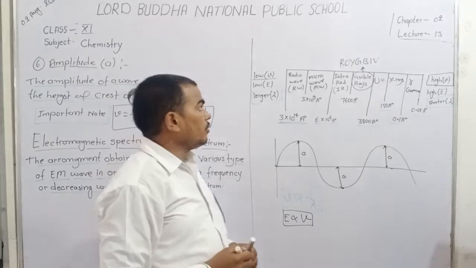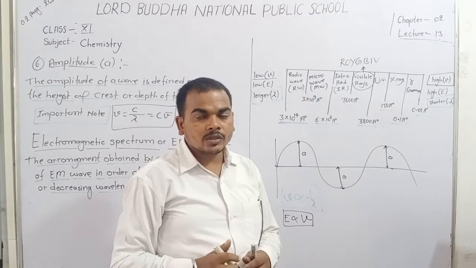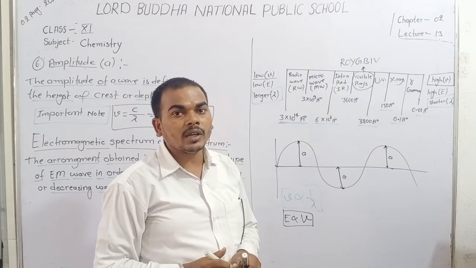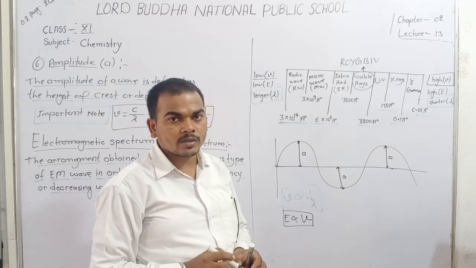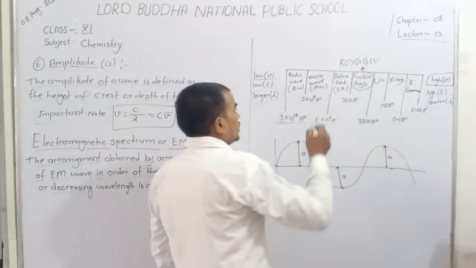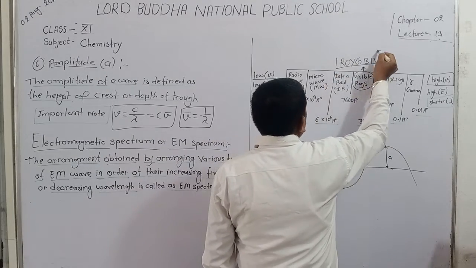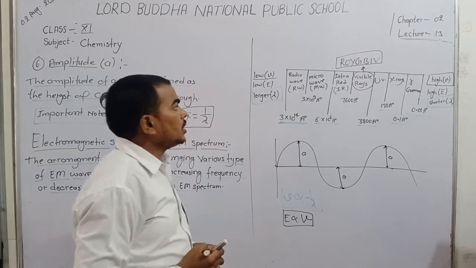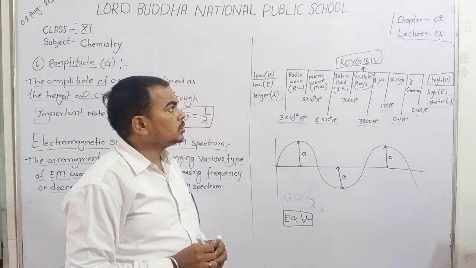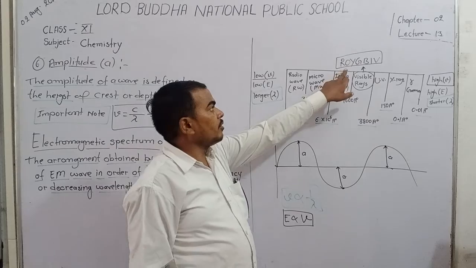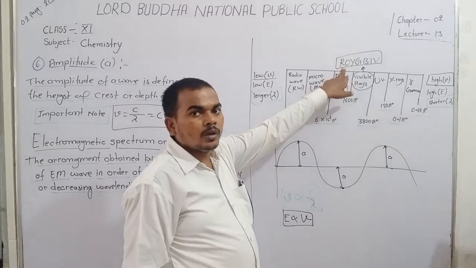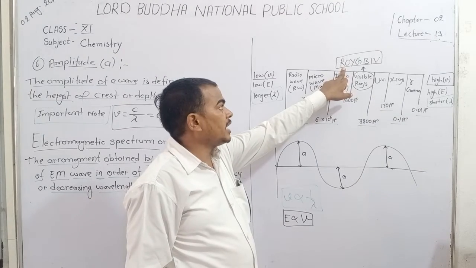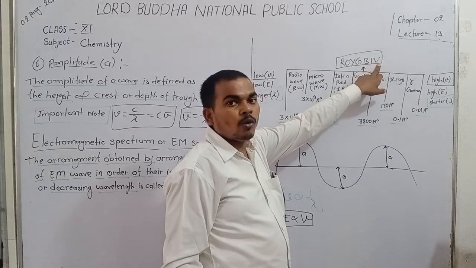The important thing here is the visible rays. In visible rays, you know that there are 7 colors of wave present, represented by VIBGYOR. But the wavelength of red light is maximum as compared to violet.